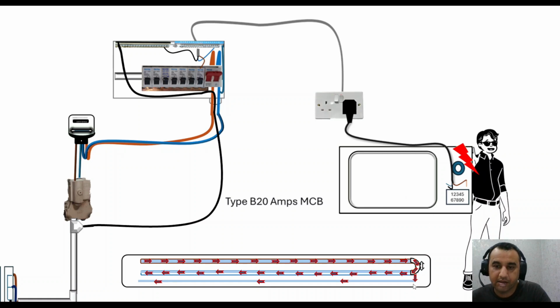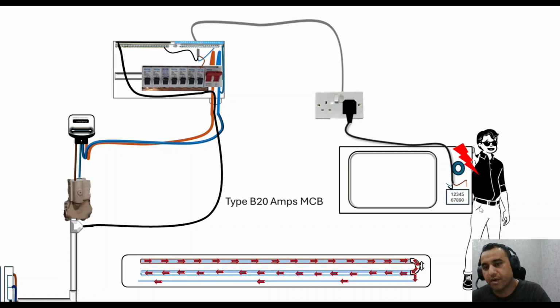But the good news is, I think the earthing arrangement is good. If it's going back through your circuit protective conductor, you're probably going to feel it, but it might not be as bad as if you don't have an earthing arrangement. If there's no earthing arrangement there, then it could be a problem. Sometimes this current is flowing there, but you wouldn't know, because it's taking the earth route back to the system.